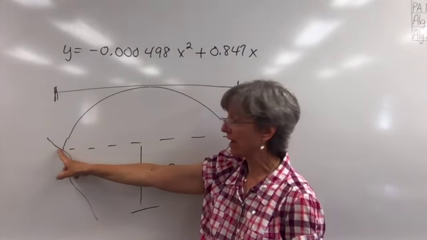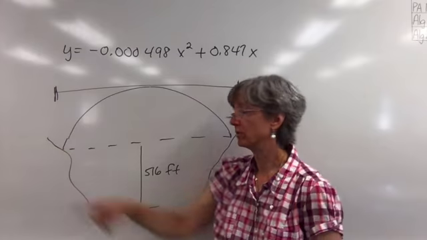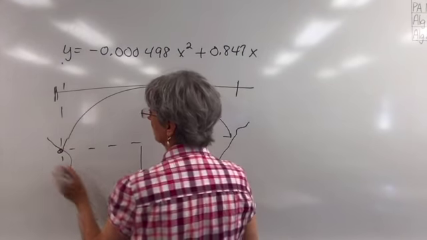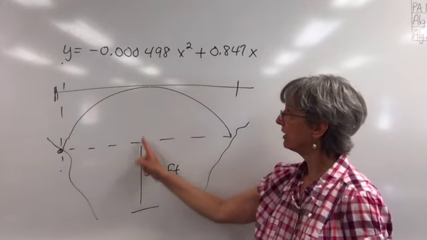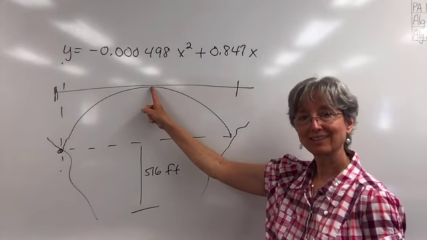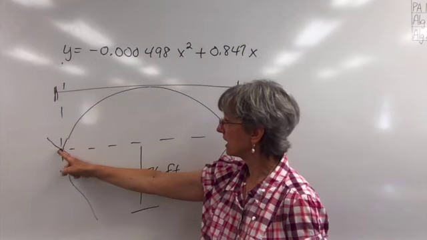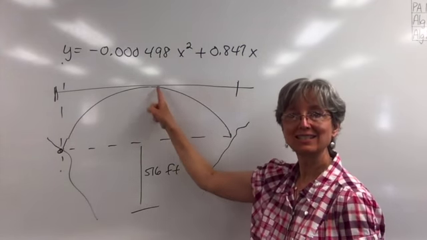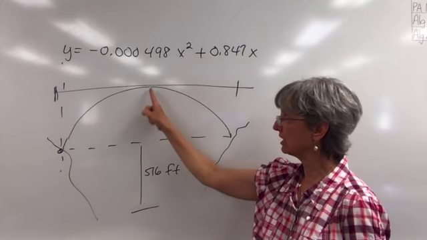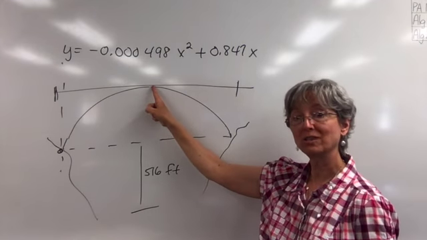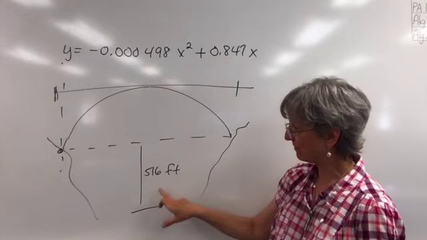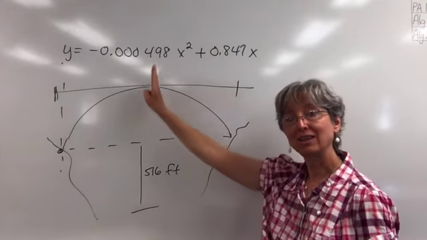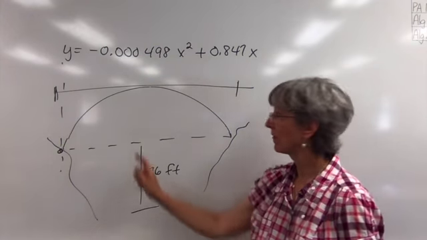So on a graph, this is 0, 0 right here. And what we want to find is the vertex here. Now that vertex will give you how much distance this is from here to here. That's what the y of your vertex will tell you. You add that to 516 feet, and that'll tell you how high the whole thing is above the gorge.